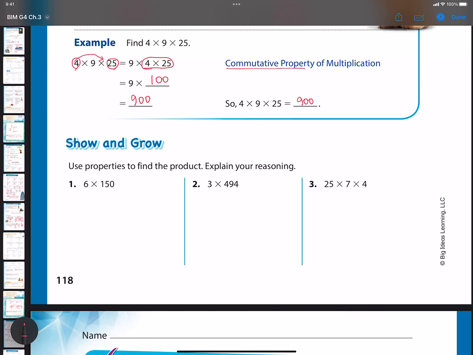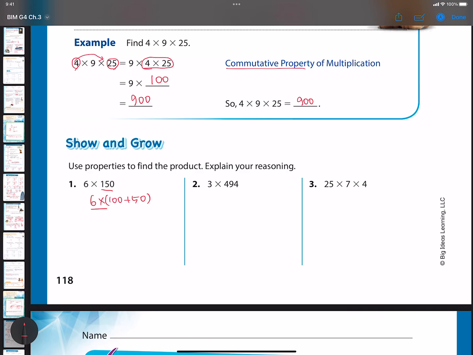Now use properties to find the product. Explain your reasoning. Okay. 6 times 150. Now I can do this, there are many different ways you can distribute, right? Which is like 6 times 100 plus 50. We've been practicing, and then you can distribute this, right?